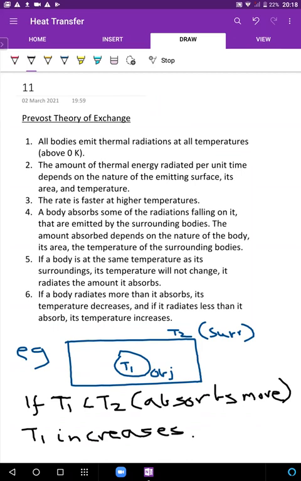As long as T1 and T2 are not equal, the body will continue to absorb more because the surrounding's temperature is higher. Finally, after a point, the temperatures become equal. Okay, that's kind of the idea.